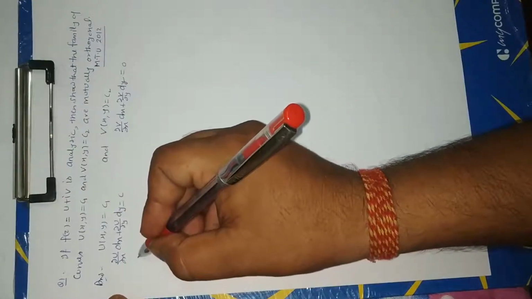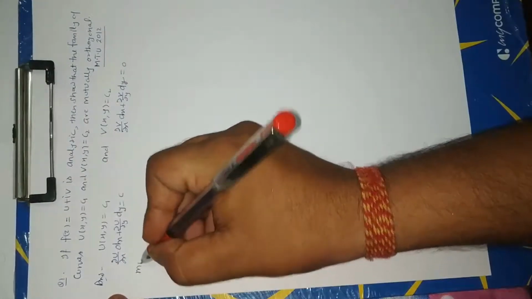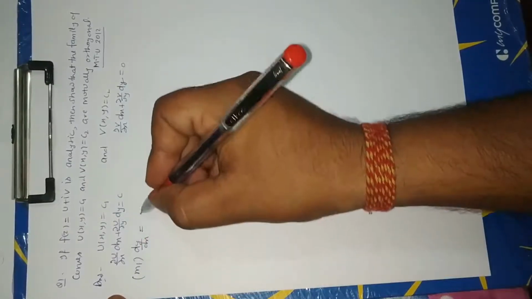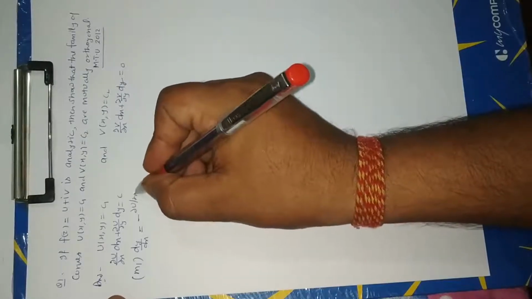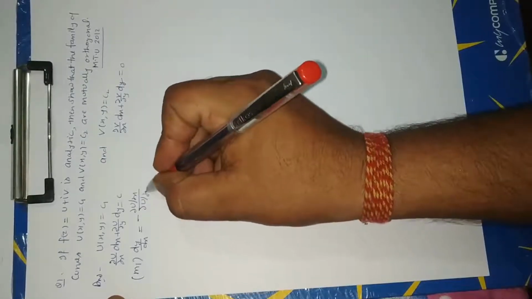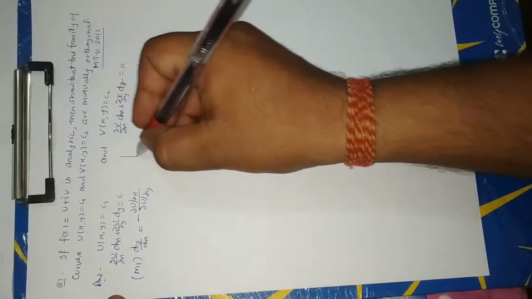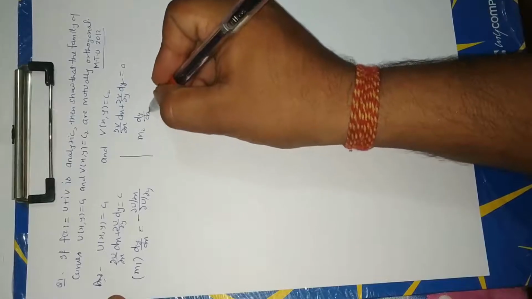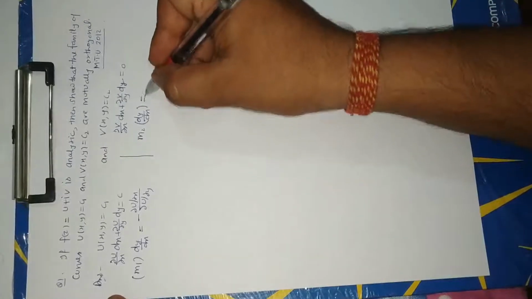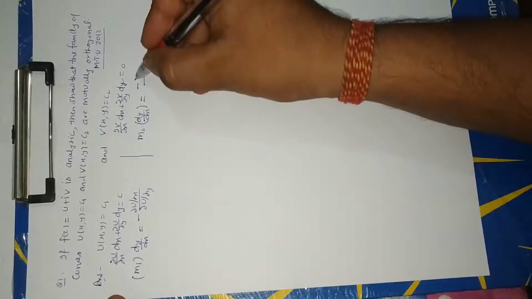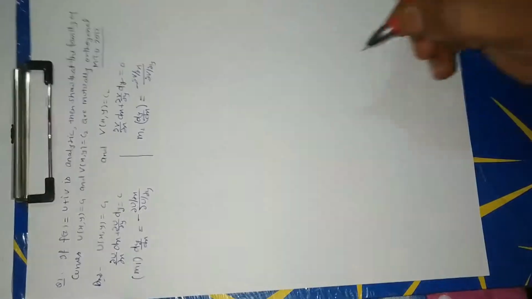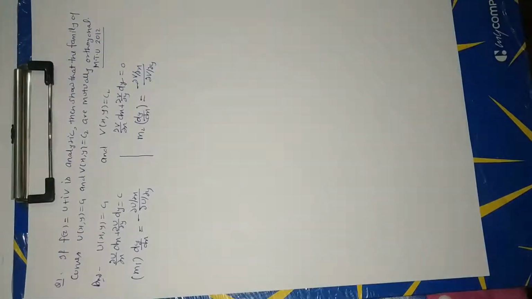Now we can calculate dy/dx. The slope m1 = dy/dx = -(∂u/∂x)/(∂u/∂y). Similarly, m2 = dy/dx = -(∂v/∂x)/(∂v/∂y). Now we have both curves' slopes.